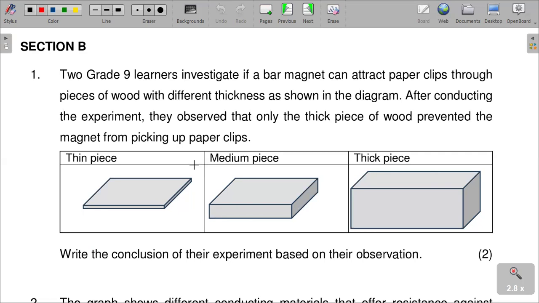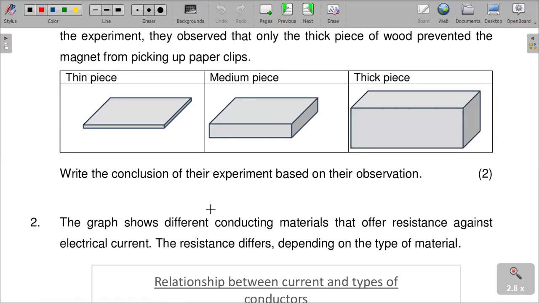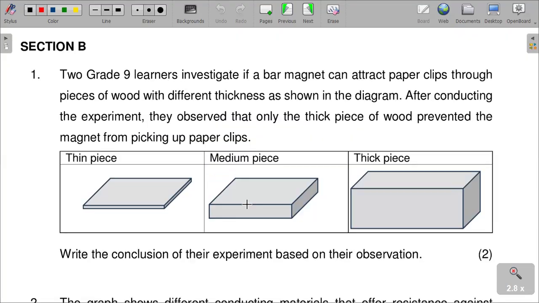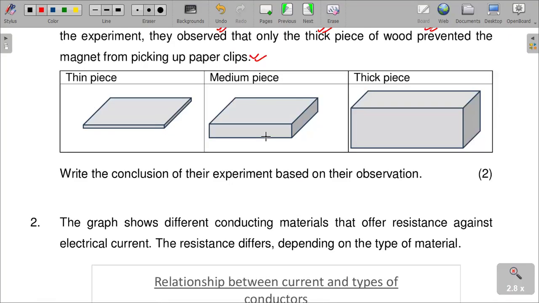All right. Write a conclusion of their experiment based on the observation. So what we can conclude here is that, write a conclusion.